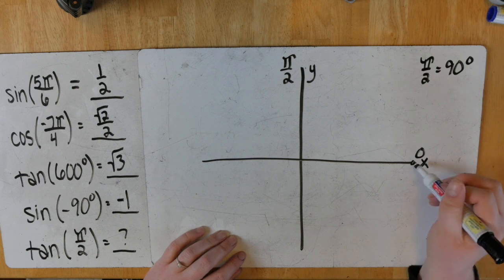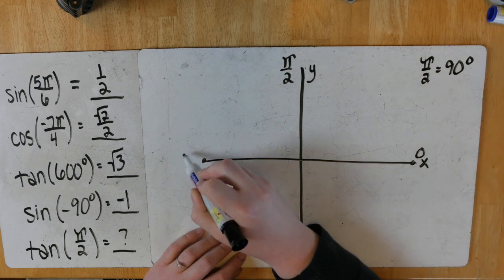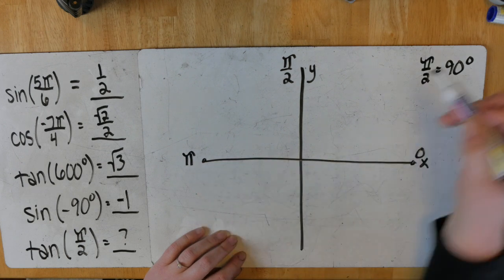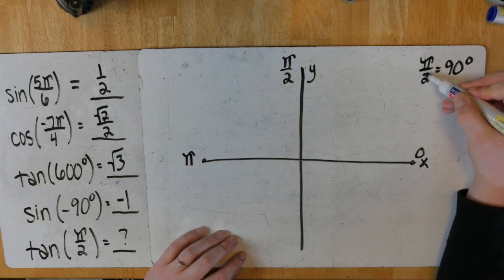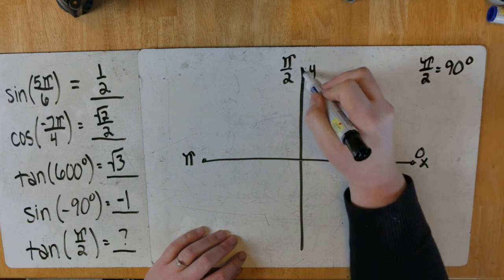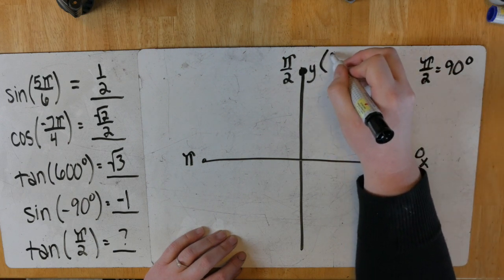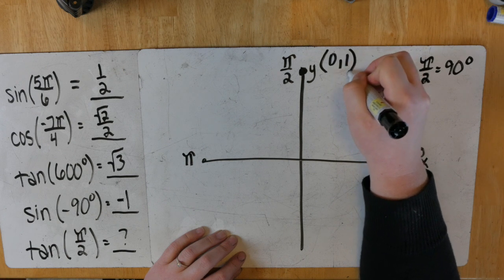Or we can think about it as 180 degrees being pi radians. And if we divide that by 2, we get the halfway point, which is at the positive y-axis. So we're now at the coordinate point (0, 1).